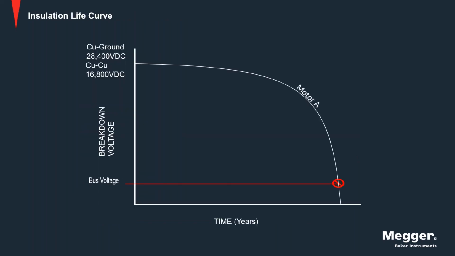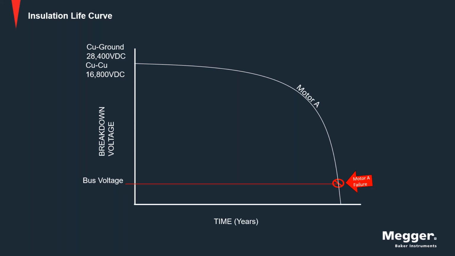So to understand this, here we have the life curve that we've seen last week, where we start out very high dielectrically. So we have the breakdown voltage as our y-axis, and time moving on the x-axis. And as that breakdown voltage, a brand new motor, barring any kind of manufacturing defects, has a strong insulation system.